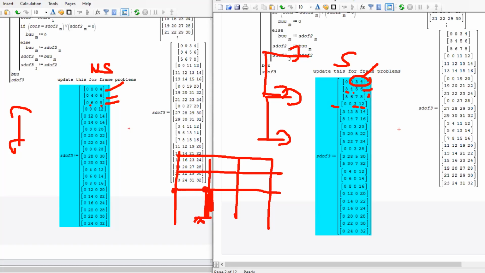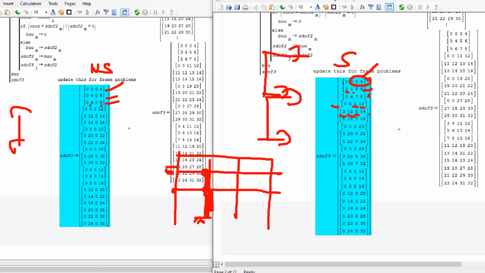Now for the member here, I'll be needing all the codes again because it's on the second floor. So 3 lateral displacement, rotation code 12, 5 lateral displacement. I manually input 5 to dictate that this is originally code 5, the same lateral displacement at this location.